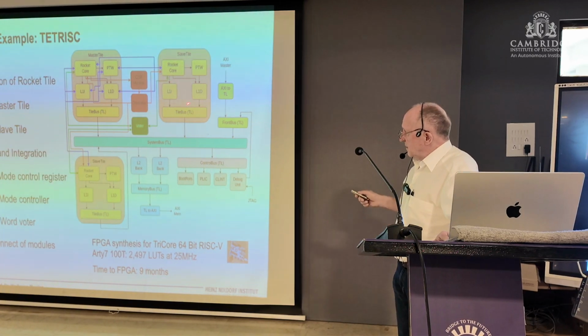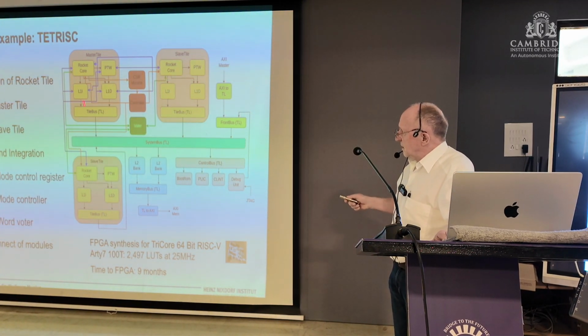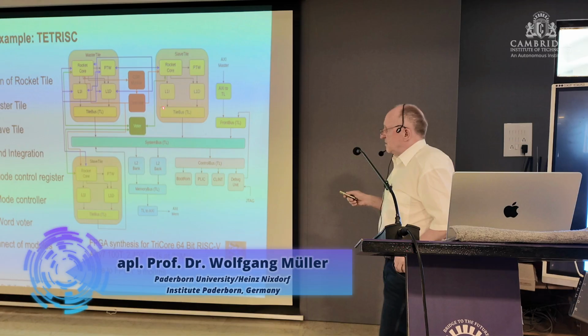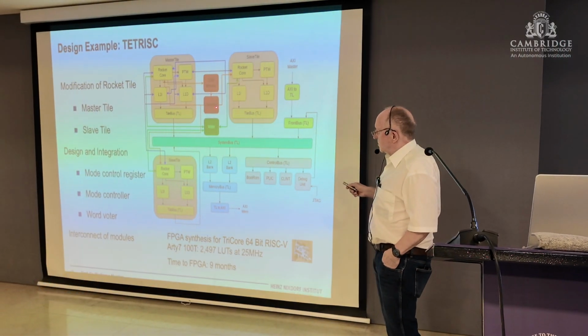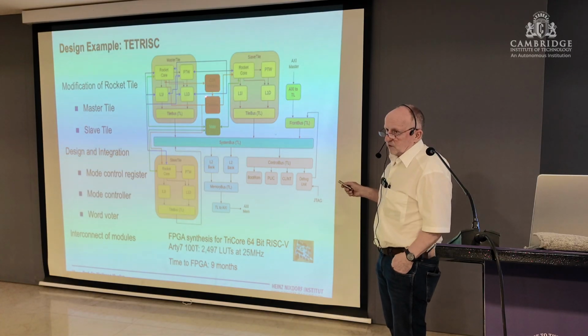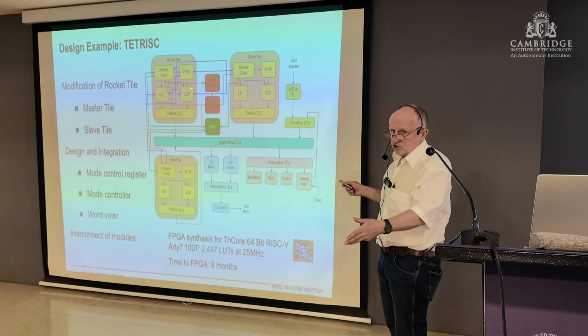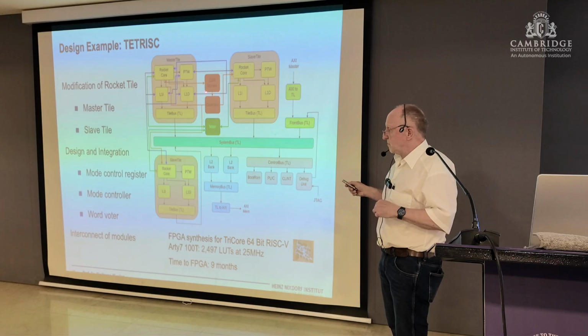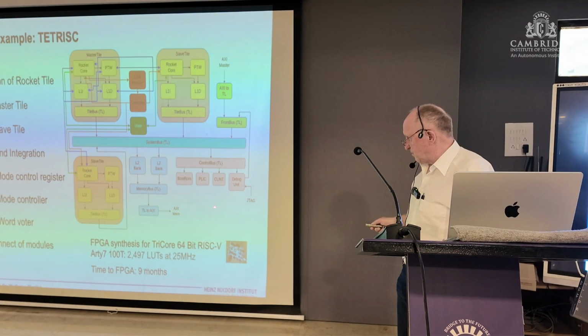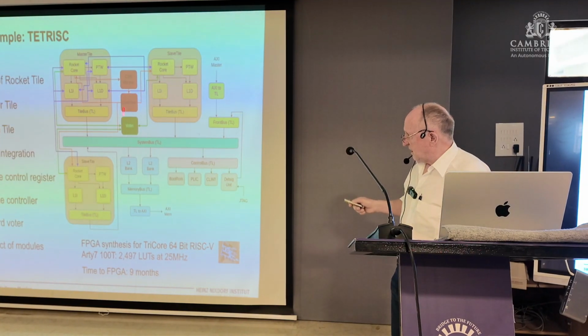What we did is then we made some internal modifications in each of the tiles, and then we implemented also a voter and a controller and a register where the software can decide to switch to lockstep mode or back. So, but this should be sufficient here for the architecture.